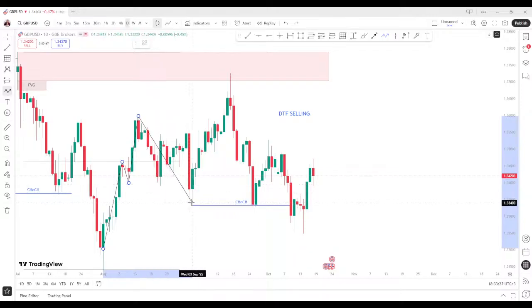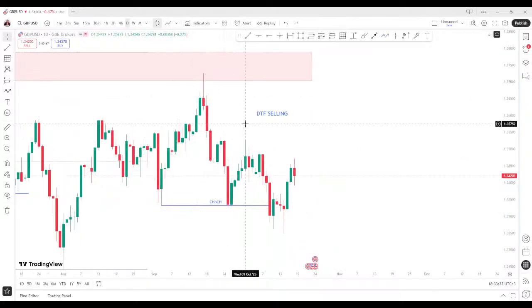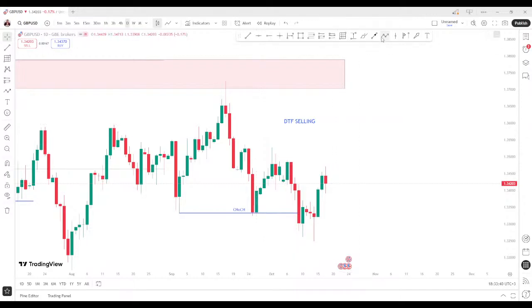Let me take this low. Then higher high. So we came here. Let me make this clearer. Let me start from here. This is the higher low, higher high, higher low, higher high, higher low, higher high.